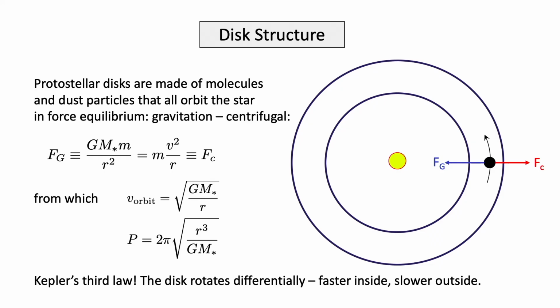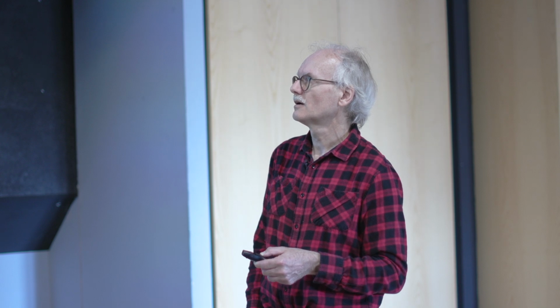I have already said something about Kepler's law. I need to say it, of course, now, but most of you know those laws, just a repetition. Any orbiting gas molecule, like any planet, in orbit around the star is subject to force balance between gravitation, the attracting force between the particle and the star, and the centrifugal force, which goes with v squared over r.